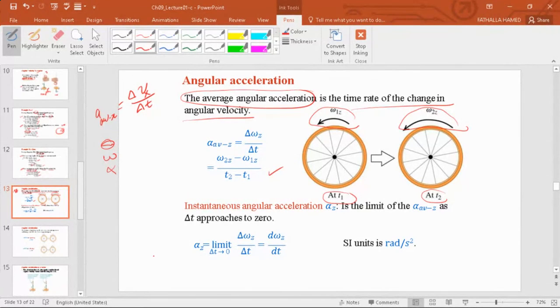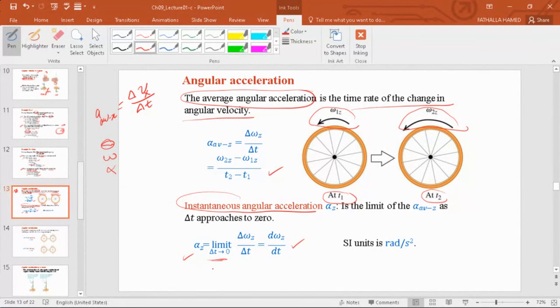Now, we can take alpha z instantaneous, what we call instantaneous angular acceleration. We do that in the limit as delta t goes to 0 of delta omega z by delta t, which will be basically equal to d omega z by dt.